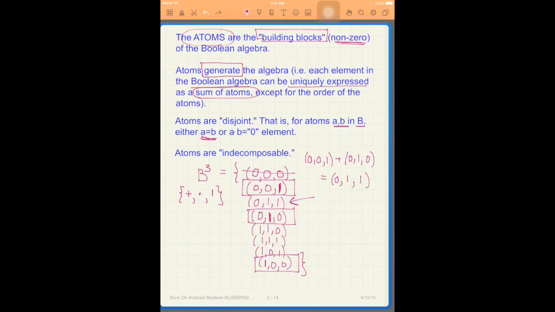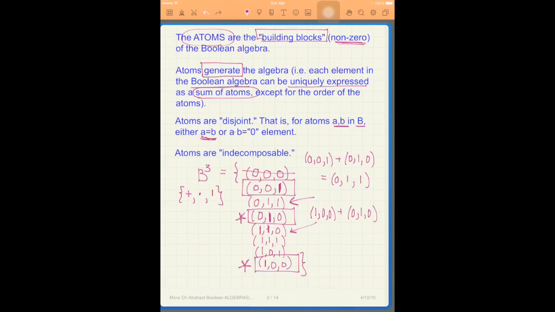So you get back that 1 in the next one. And then, how would you get back this one? Again, with the OR Boolean addition, I have a 1 in the first entry and the second entry. So it looks like I would have to pick this building block for the first entry, and then I would need this building block to get the second entry. So let me write down 1, 0, 0 plus 0, 1, 0.